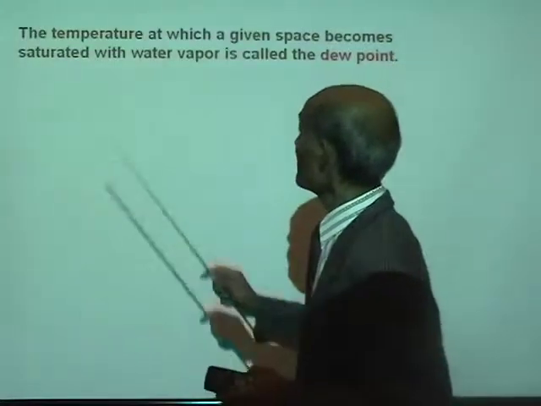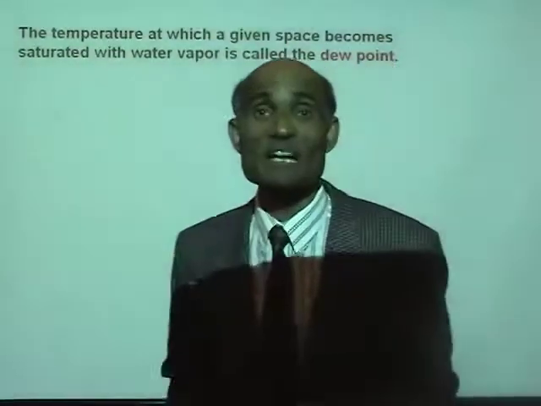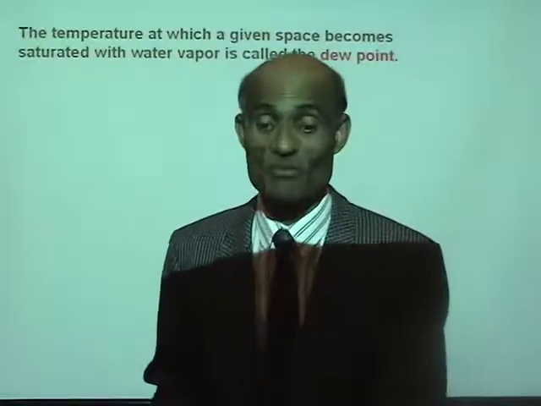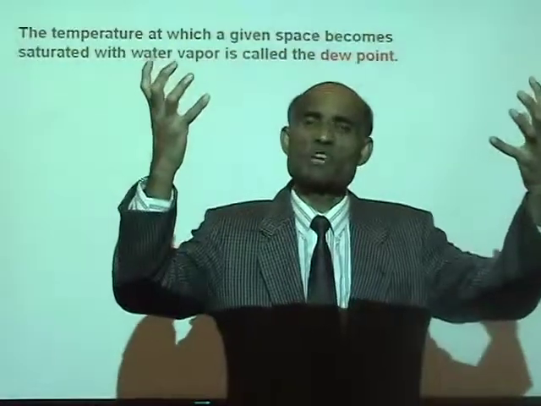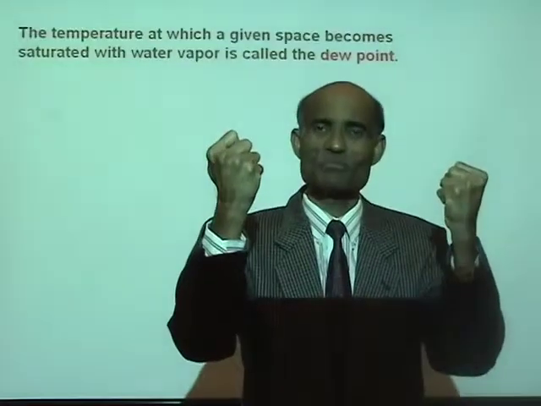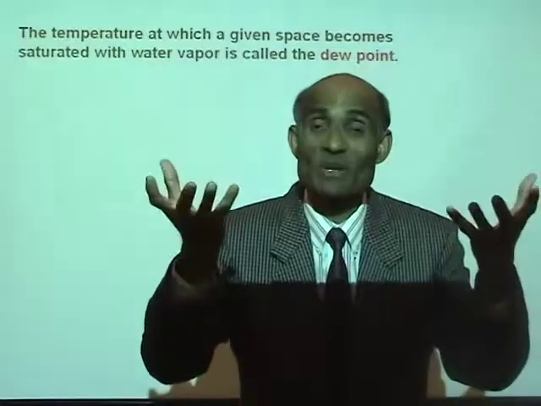The temperature at which a given space becomes saturated is called the dew point of that space. If I decrease the temperature of this room, the space will get more and more saturated.